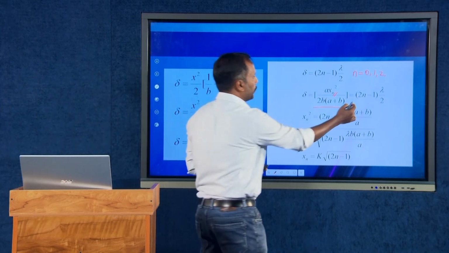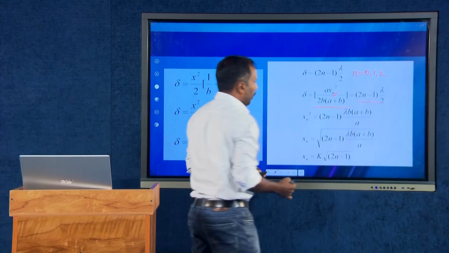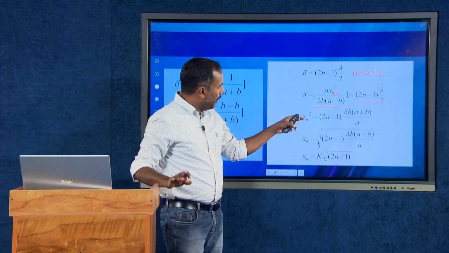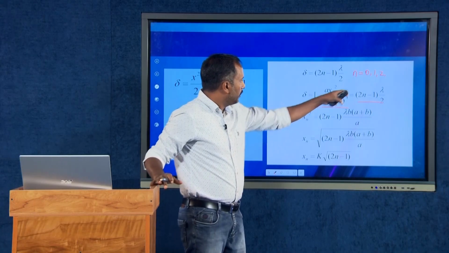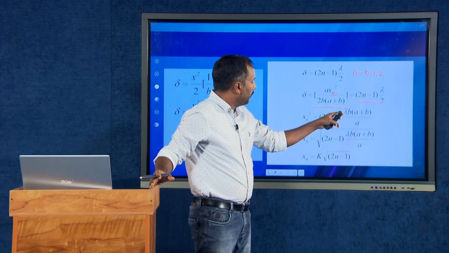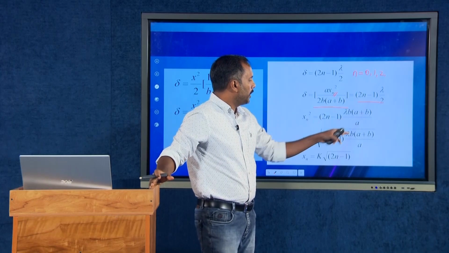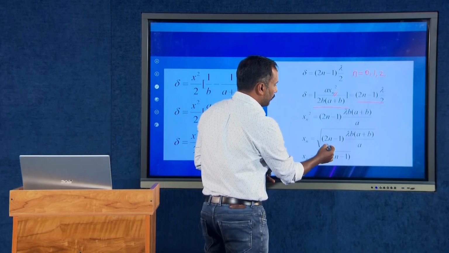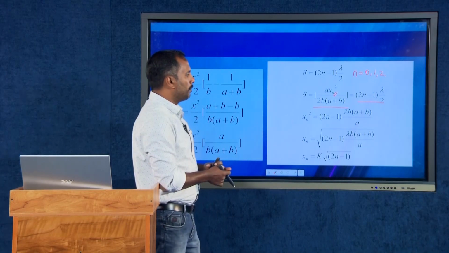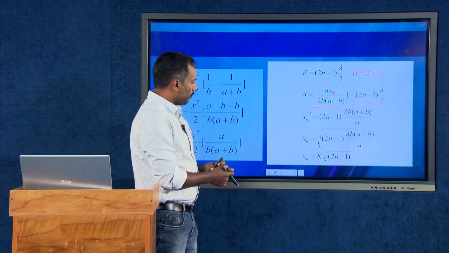So that is equal to (2n minus 1) lambda by 2. From this formula you can have xn squared as (2n minus 1) lambda b into (a plus b) divided by a, where xn can be written as square root of (2n minus 1) lambda b into (a plus b) divided by a.